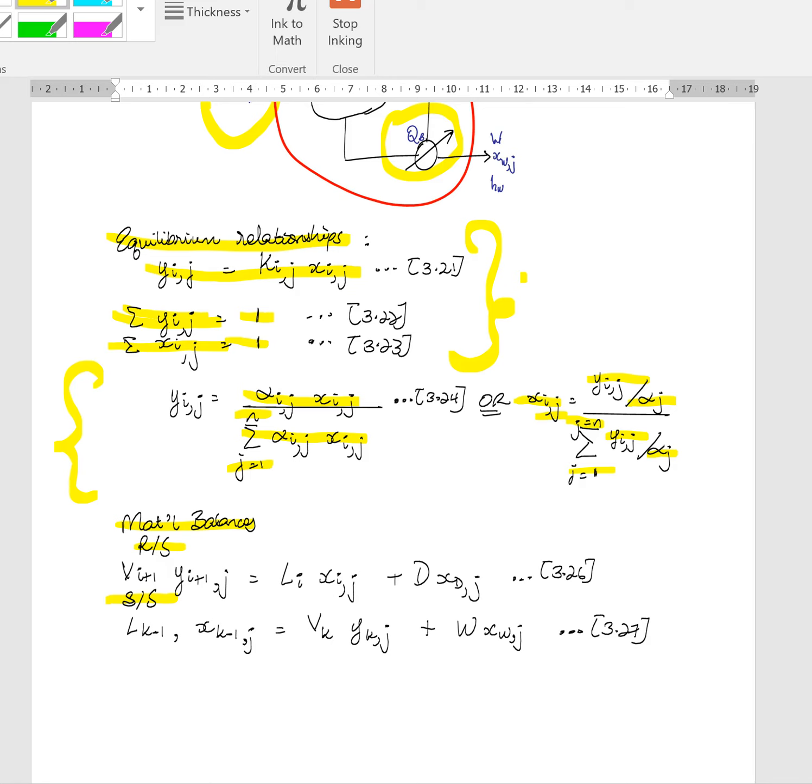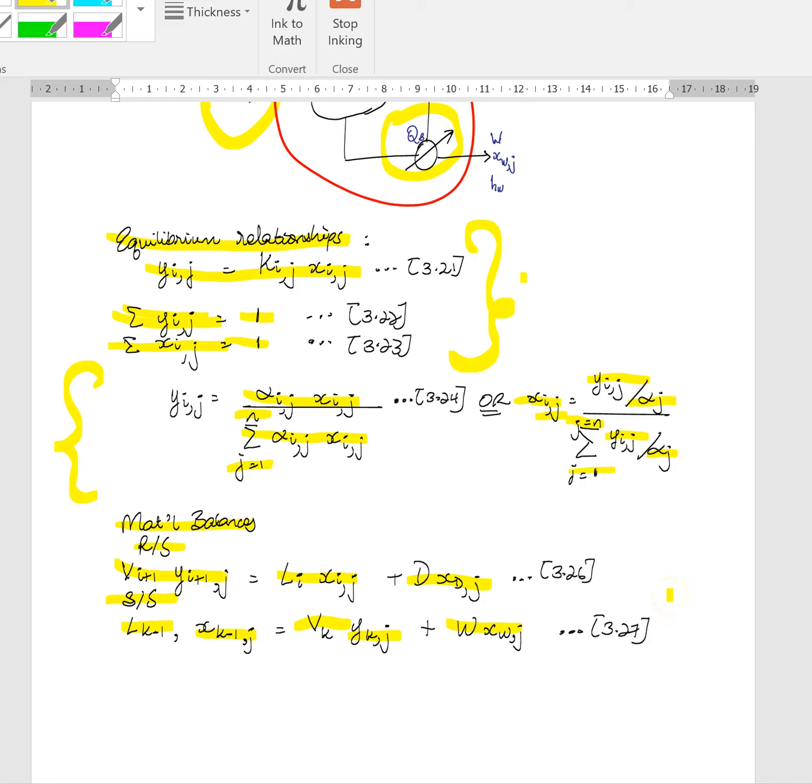If you had gone through that exercise, you should have seen that the material balance in the rectifying section would have given you Vi plus 1 Yi plus 1 J is equal to Li Xi J plus D XDJ, and for the stripping section, Lk minus 1 Xk minus 1 J is equal to Vk Ykj plus W XWJ.